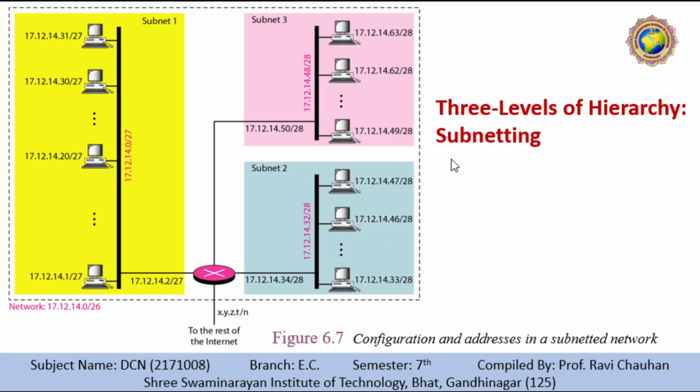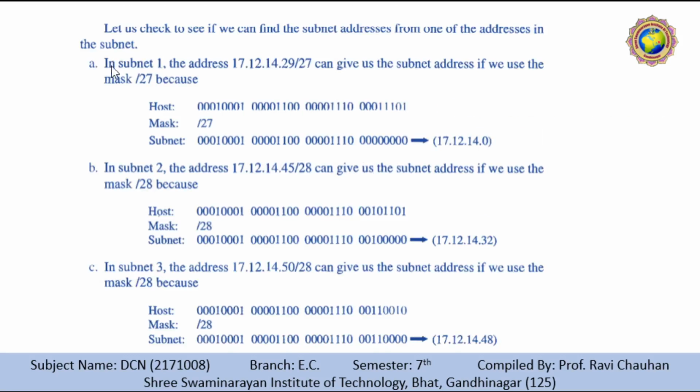Let us check to see if we can find the subnet address from one address in the subnet. So in subnet 1, the address is 17.12.14.29/27. It can give us the subnet address if we use the mask 27, because the host will be just like this.